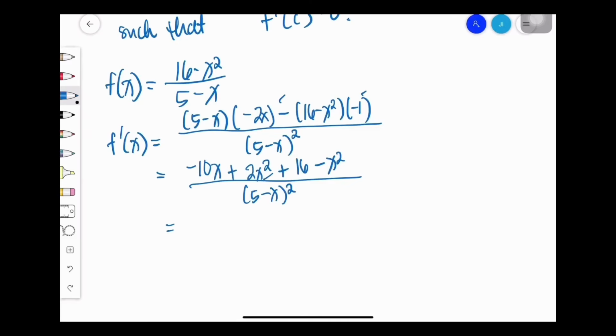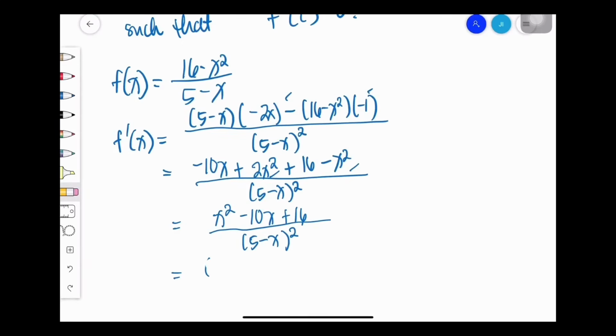This becomes 2x squared minus x squared is x squared, minus 10x plus 16, all over quantity 5 minus x quantity squared. Well, the numerator is factorable as x minus 8 times x minus 2, all over 5 minus x squared.